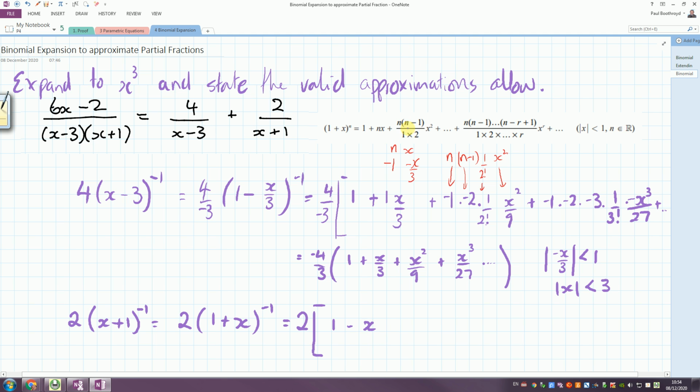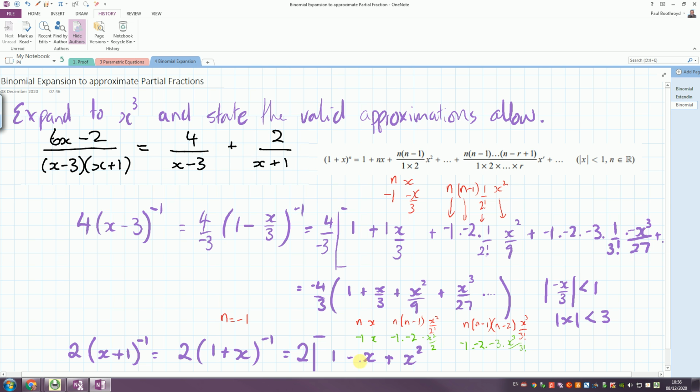We've got minus 1 times minus 2 is plus 2 over 2 is 1 x squared. It's going to be x squared. Okay. I'll work that for a minus x. And that one, it's 2 over 2, that's a 1 x squared. And we've got minus 6 over 6 x cubed.